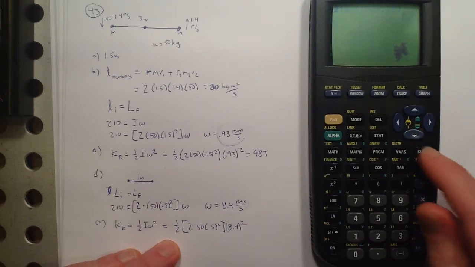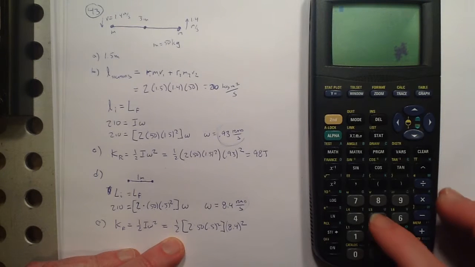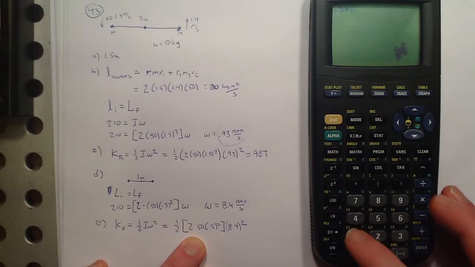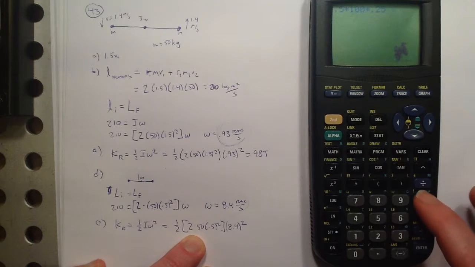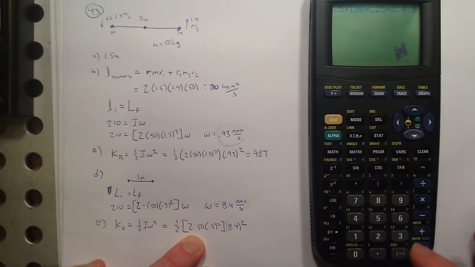So that is 1/2 times 2 times 50 is 100, times 0.5 squared is 0.25, times 8.4 squared.